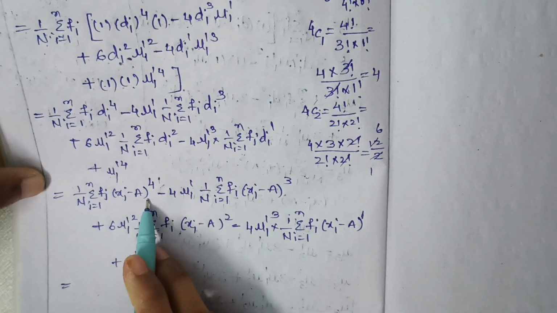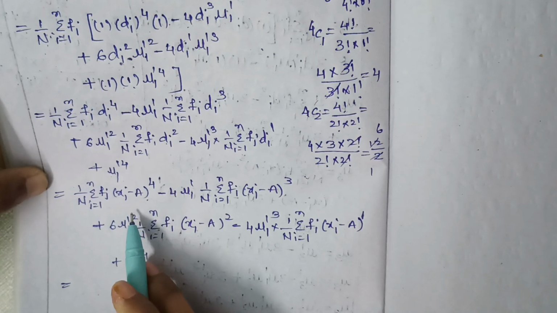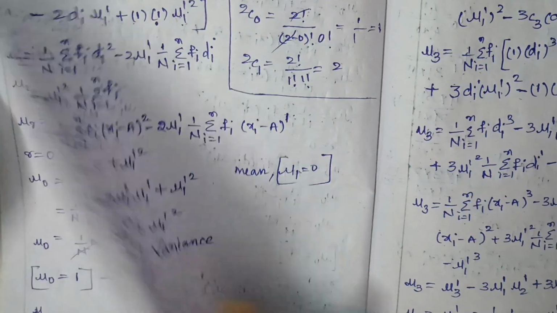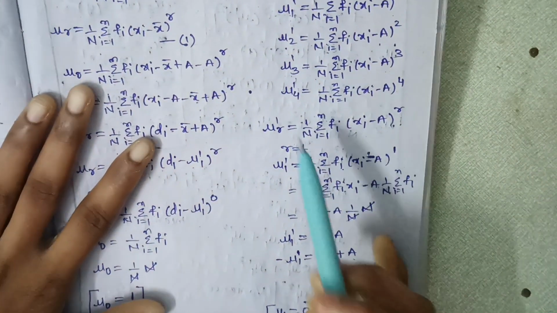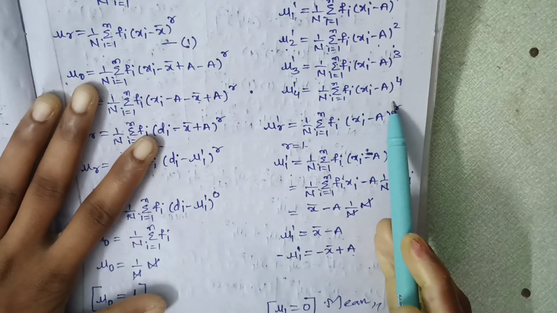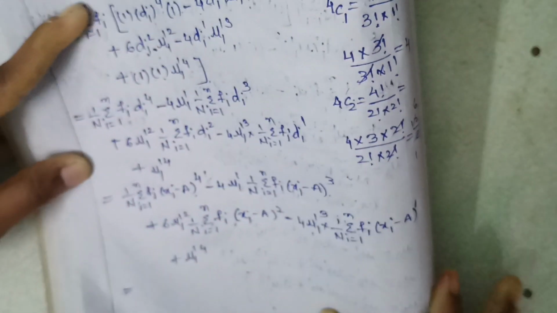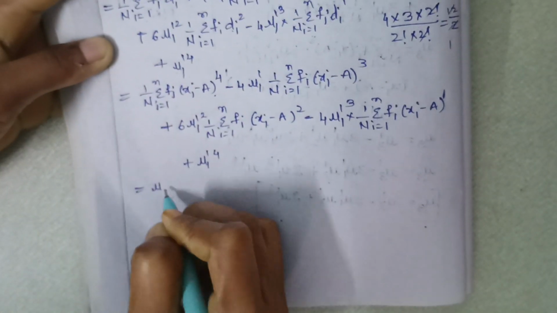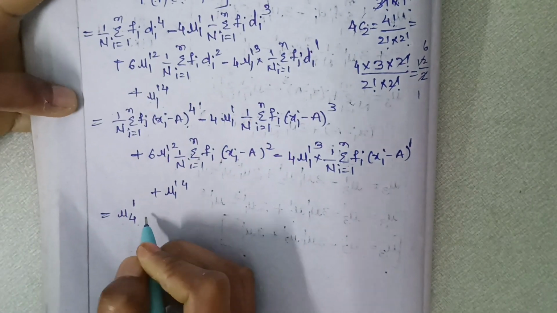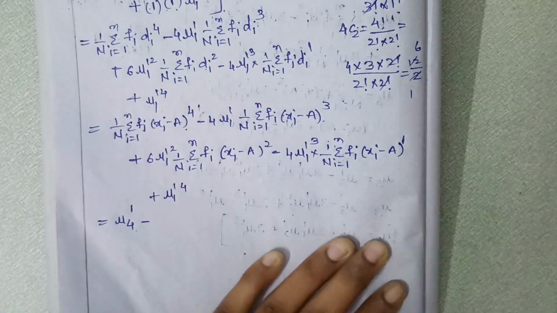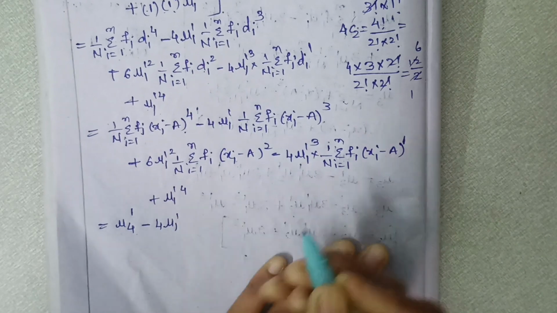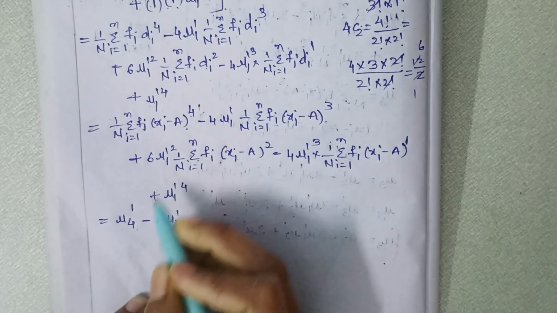If you see this formula, this is the fourth non-central moment. Once you see the formulas here, you can clearly get this one. So simply write here μ4', minus 4 μ1', and when it is 4 it became μ4'.